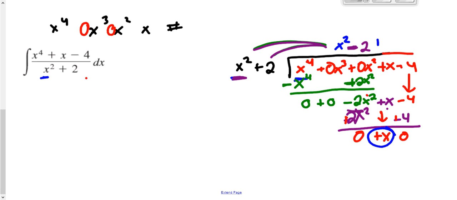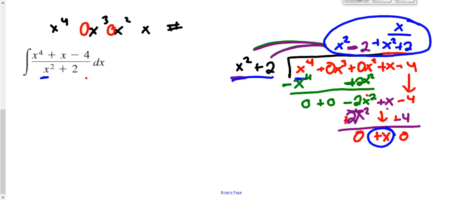So we have plus x, and our remainder is always over what we divided by. X squared plus 2. So this is now what we're going to integrate because it fits in with our integral rules better. So when we integrate, we'll have the integral of x squared minus 2 plus x over x squared plus 2 dx.